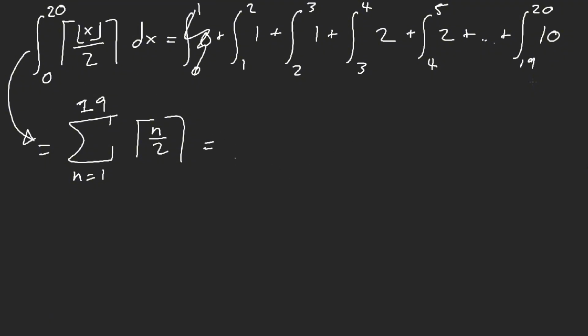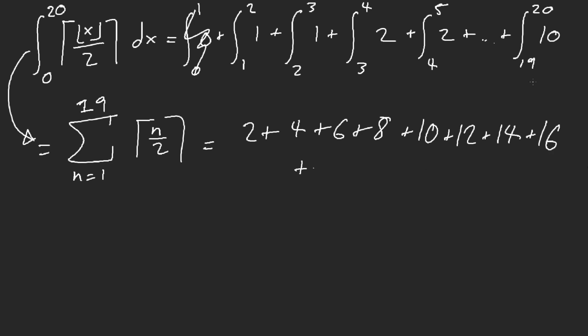So here I was like, okay. And I noticed a pattern, like this is literally 2 plus 4 plus 6 plus 8 plus 10 plus 12 plus 14 plus 16 plus 18 and then plus 10. Right, the 10. Because I had 1, 2, 3, 4, 5, 6, 7, 8, 9.